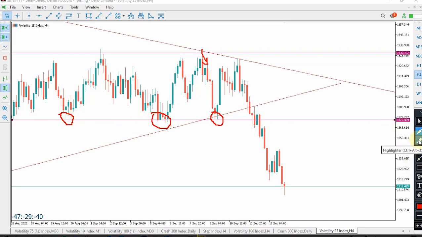So what happened is that market came here, went up, and here we had another touch. So let's discuss on this touch now. Here is a shooting star, and here is a momentum candlestick.